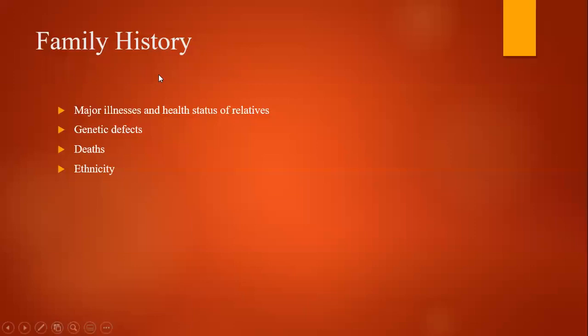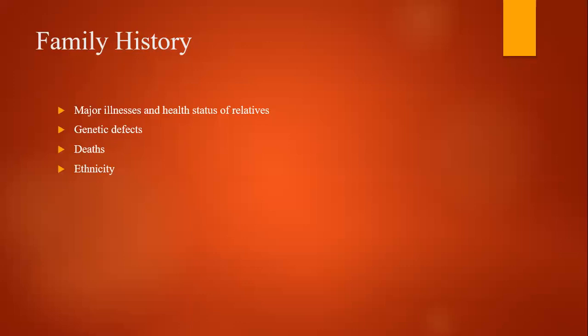Next, family history. The patient's major illness or health status of relatives. We have to ask about the patient's father's side and mother's side. If the patient says my father had high blood pressure or diabetes, there is a chance the patient will develop high blood pressure or diabetes. It is important to evaluate.